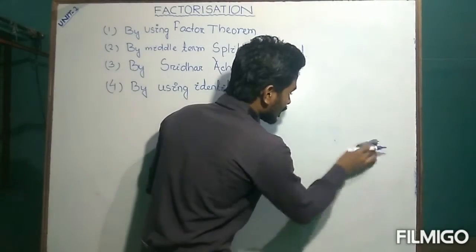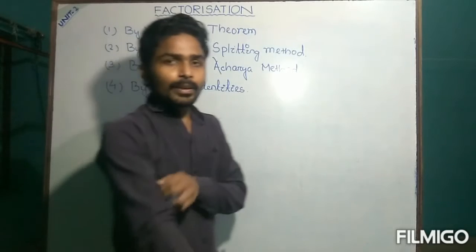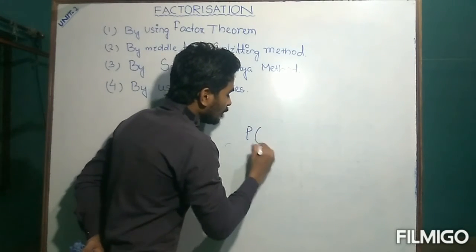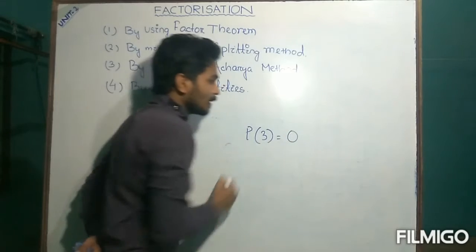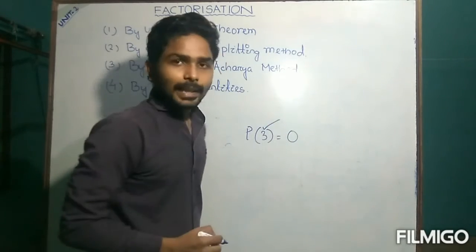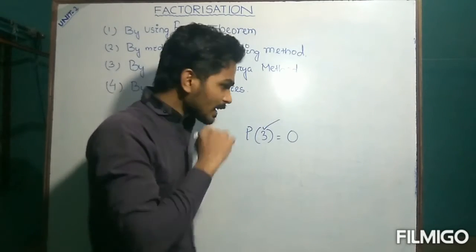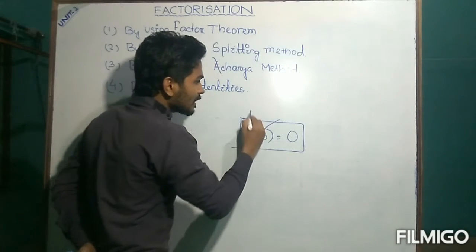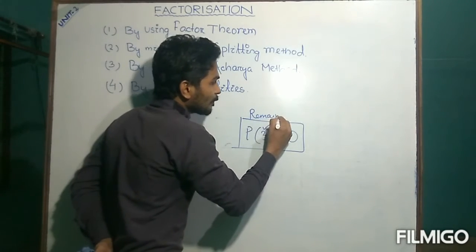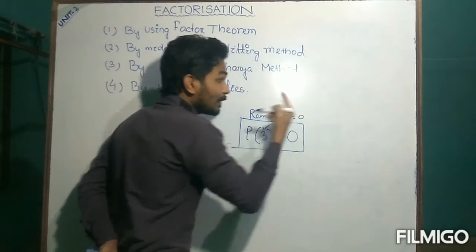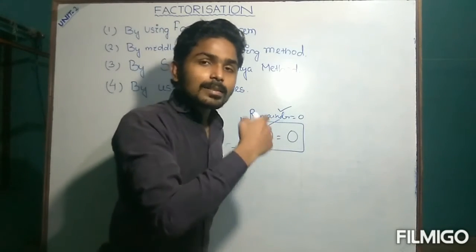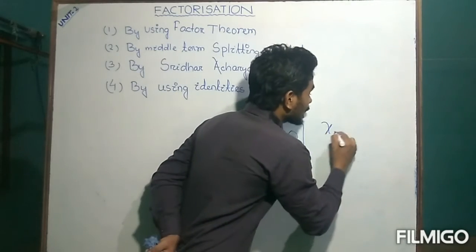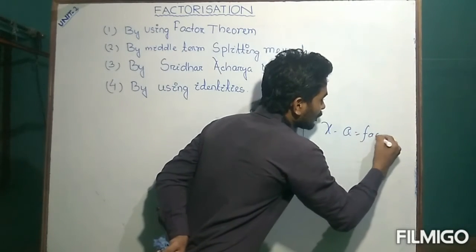We have also discussed, if a root is given, suppose p of 3 is equal to 0, can we find the factor? Yes, we can, because p of 3 equal to 0 means the remainder is 0. And if the remainder is 0, according to statement 2 of the factor theorem, x minus a will be the factor.